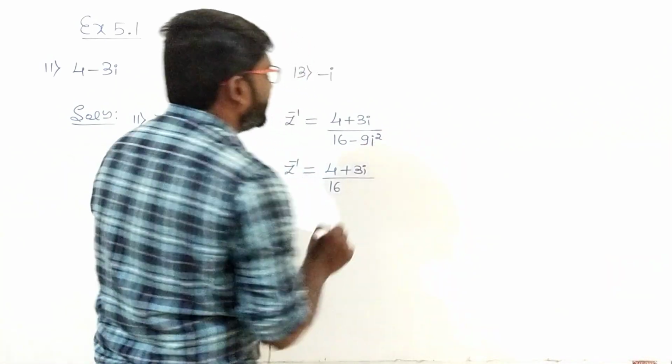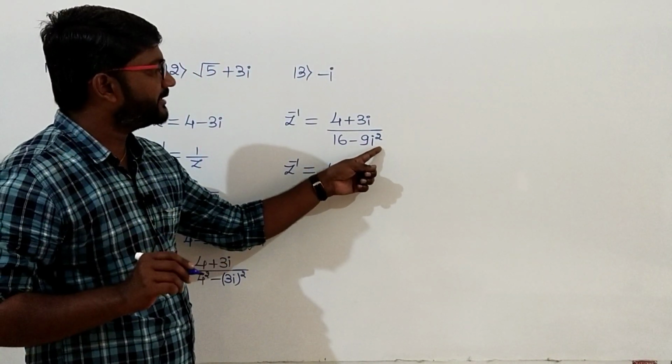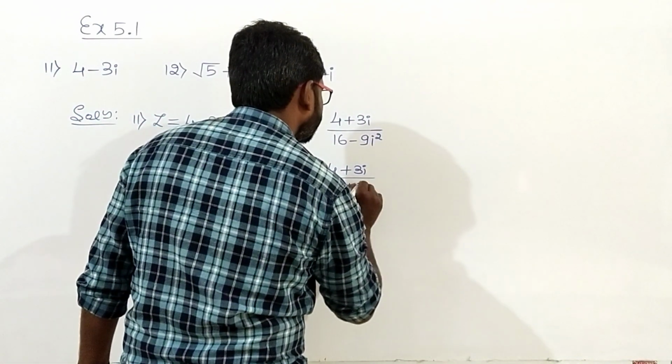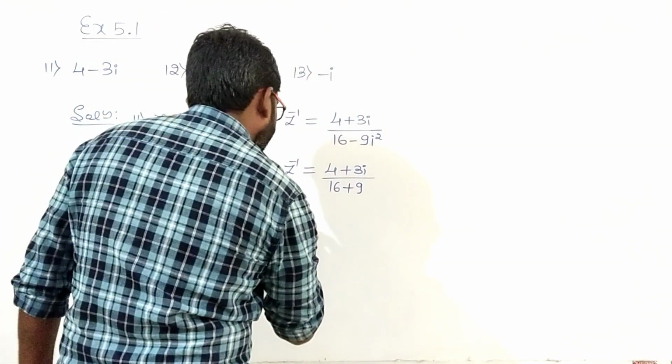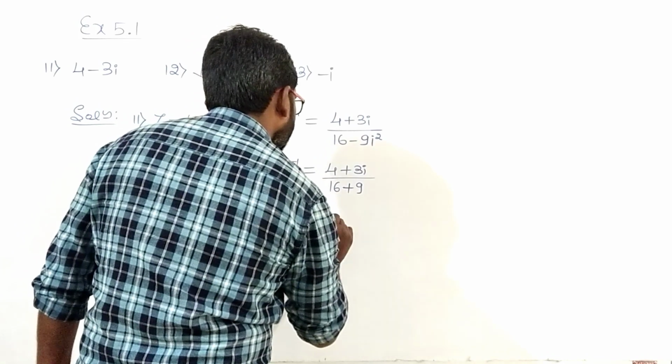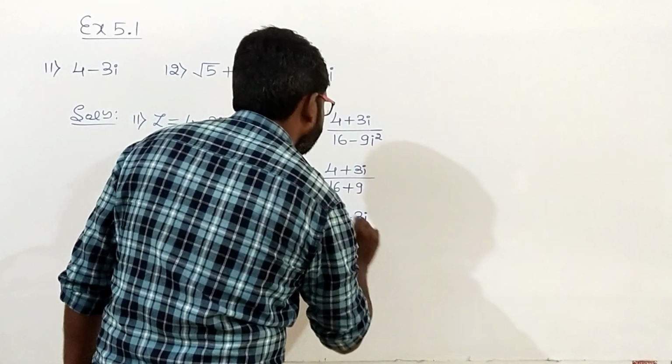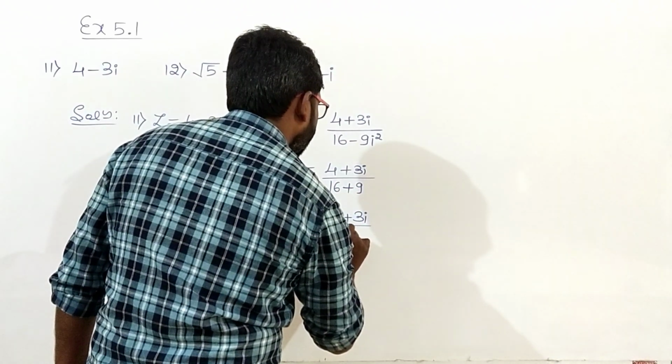z inverse which is equals to 4 plus 3i divided by 16. So i square value is minus 1. Minus into minus will be plus 9. So now z inverse is 4 plus 3i divided by 16 plus 9, it is 25.